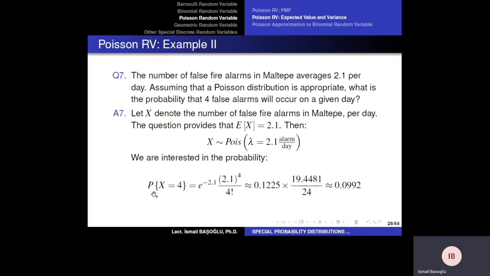That is equal to probability of X being equal to 4. And basically, we use the probability mass function of Poisson random variable, and we plug in lambda value as 2.1 here and here. And because X is going to be equal to 4, we plug in 4 in place of X here. And once these values are calculated by means of a calculator, you will get 0.0992 as the probability.